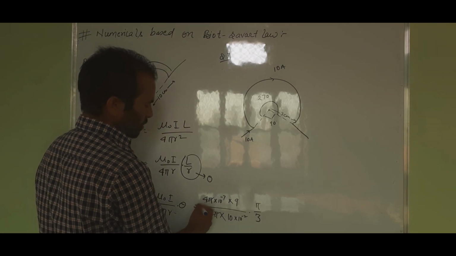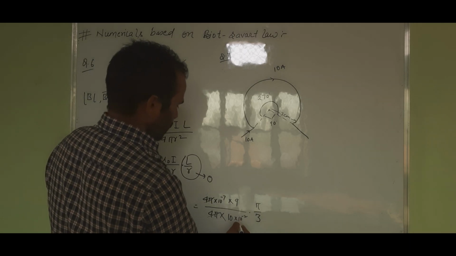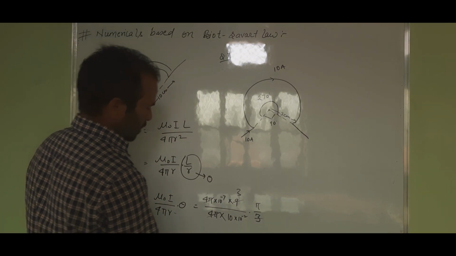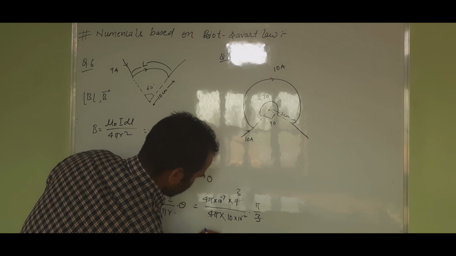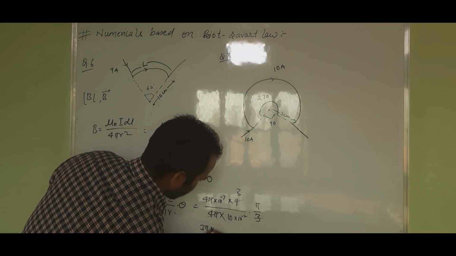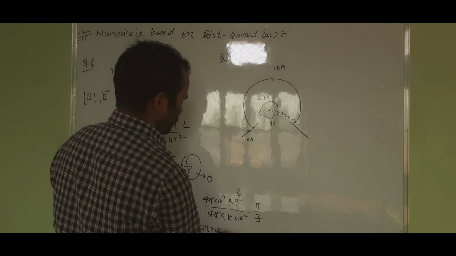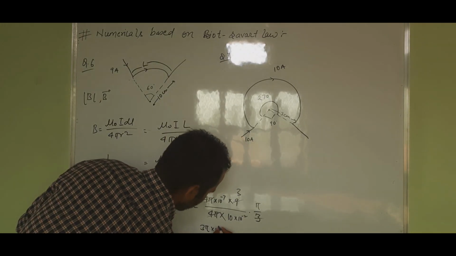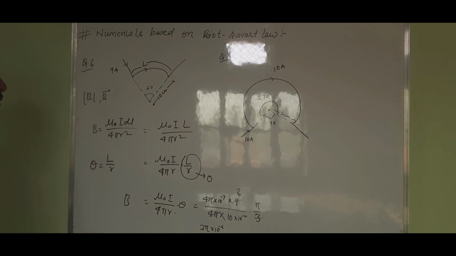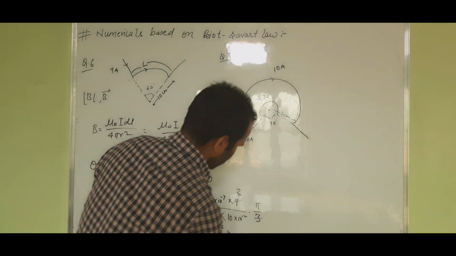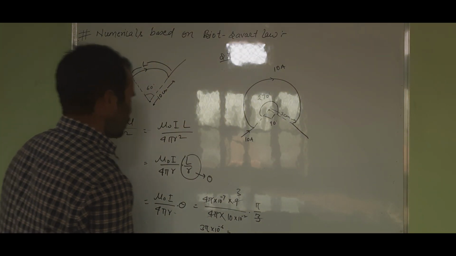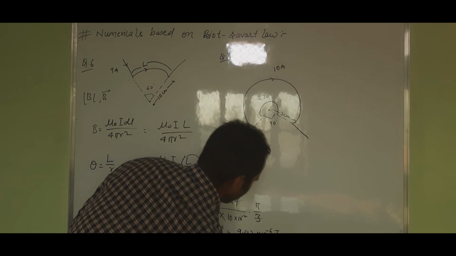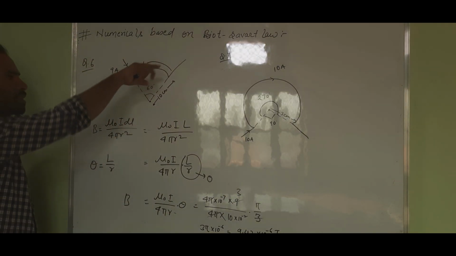So 4 pi cancel, 3 into 3 is 9, and this is 3 pi into 10 to the power minus 6, which will come around 9.42 into 10 to the power minus 6 Tesla.